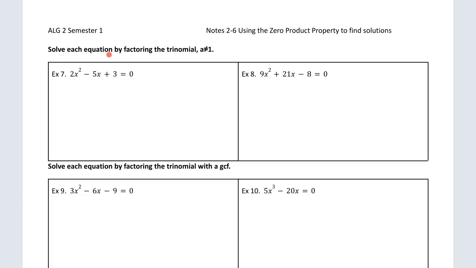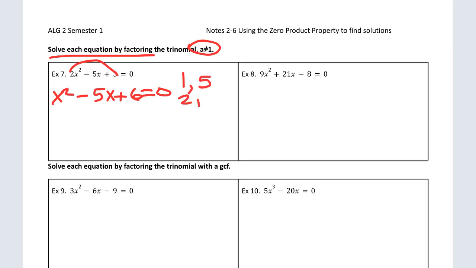Next, we'll solve by factoring. However, now our a is not 1. Choosing bottoms up in example 7, 2 times 3 is 6. So x squared minus 5x plus 6 equals 0. Factor pairs that work are 1 and 5, 2 and 3. The one we will use, though, is 2 and 3 because it adds to 5 and it multiplies to 6.